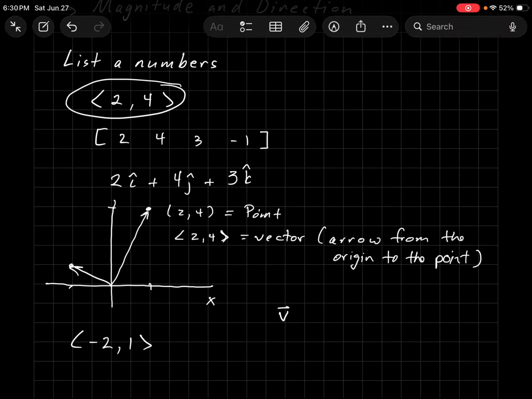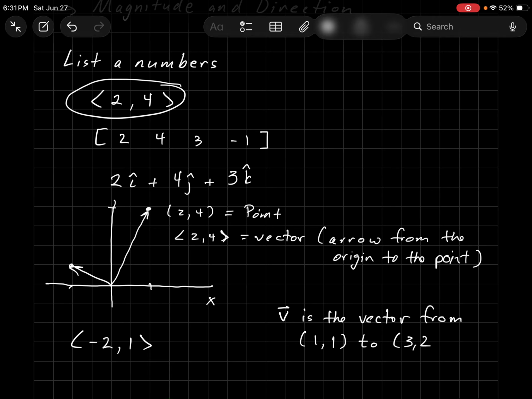Very often when we write vectors, we put a little arrow on top of it, like that. I might say that v is the vector from, say, the point 1, 1 to the point, say, 3, 2. So if I tell you where I start and where I go, then I don't start at the origin.